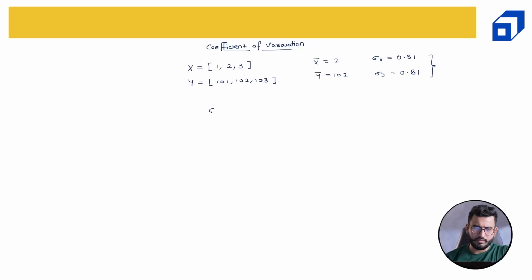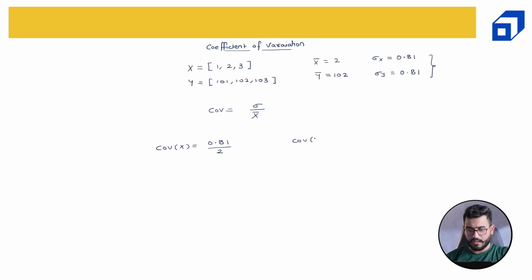For this, we have the coefficient of variation, which is nothing but the ratio of the standard deviation to the mean of the data, the standard deviation to the mean X bar. The coefficient of variation for series X would be 0.81 divided by 2.